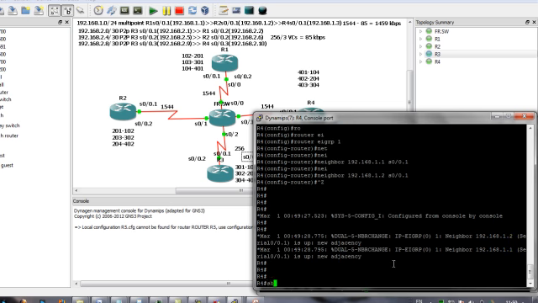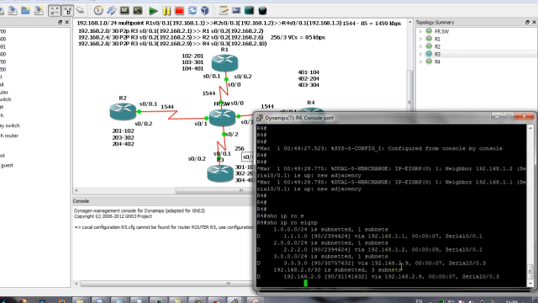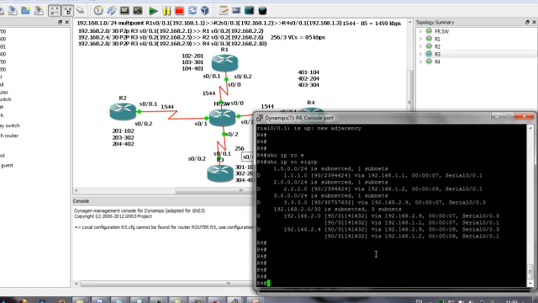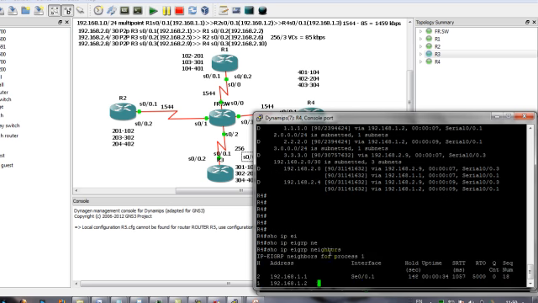So now show IP route EIGRP, let me see. Yes, look at this, router 4 contacts router 1 and router 2 through this serial subinterface, so that's very good. Yes, show IP EIGRP neighbors, just to verify this.